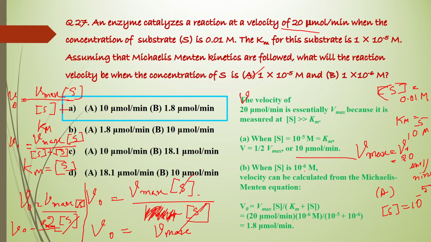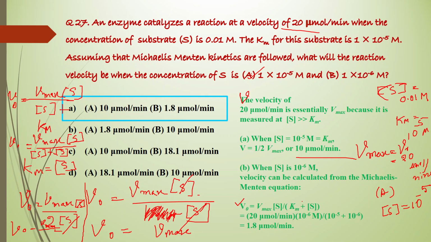It's just a small 10 times difference, not a very huge difference, right? So you cannot ignore any part of the Michaelis-Menten equation. You have to use the whole equation in this particular case.